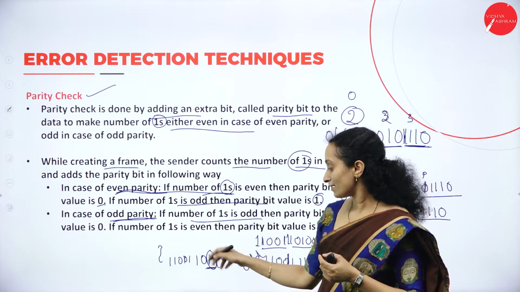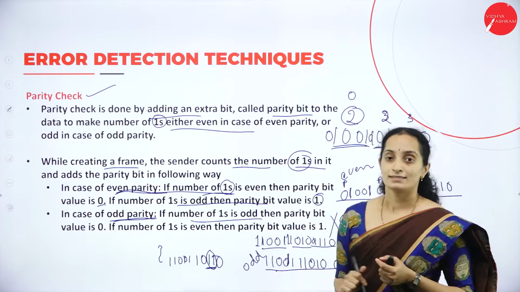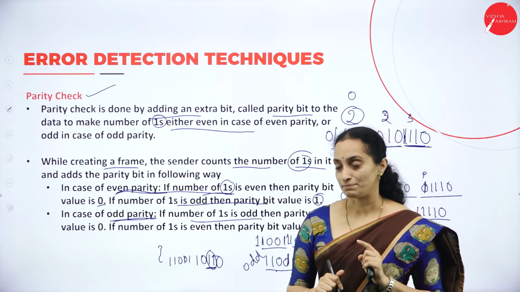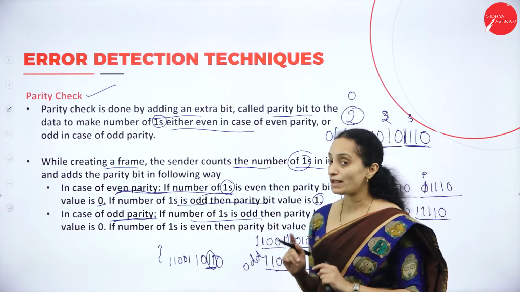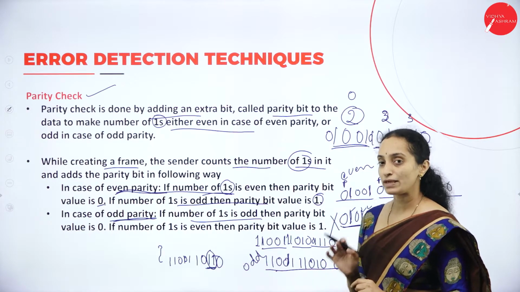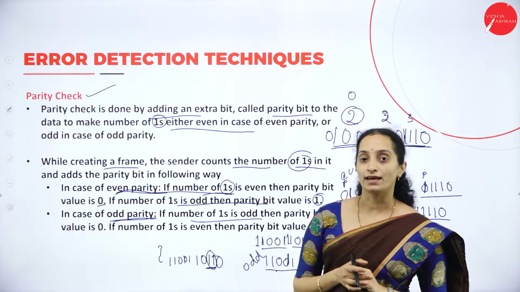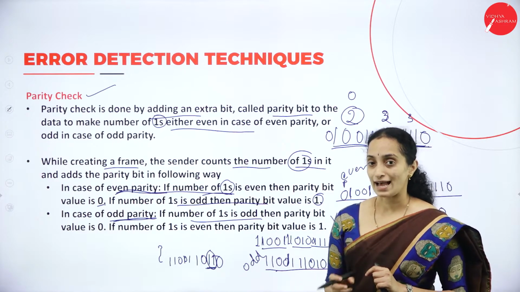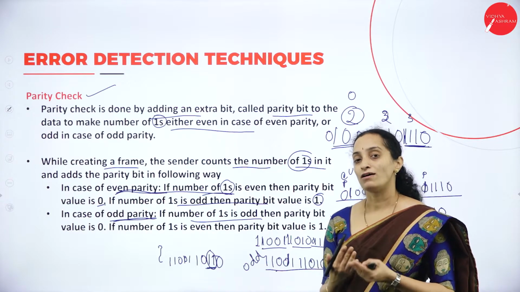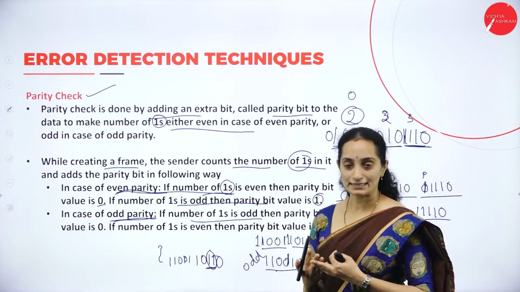So if multiple bits are changed, the checksum or the parity bit method may not be able to recognize the error. This is one of the main disadvantages of the parity check method, where it cannot track how many times or how many bits have been changed in the data.